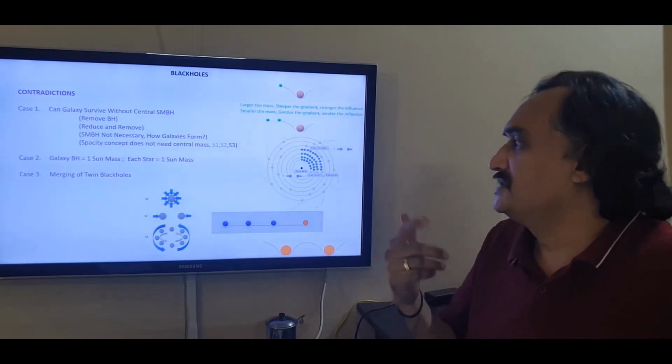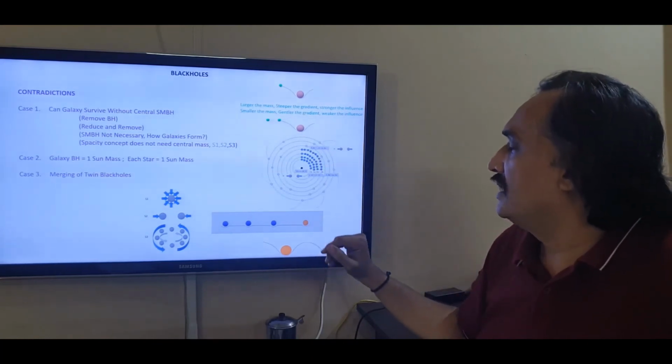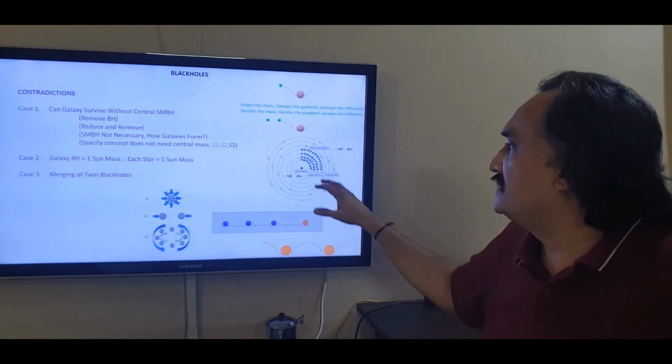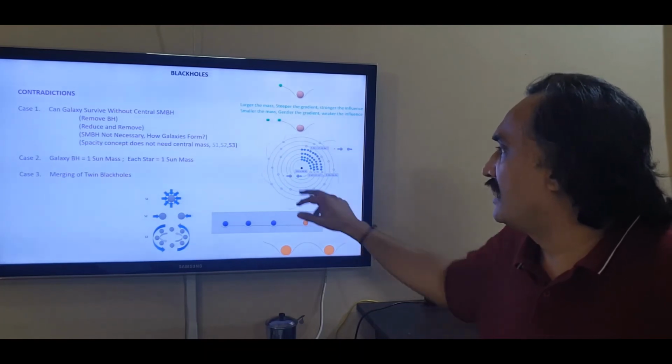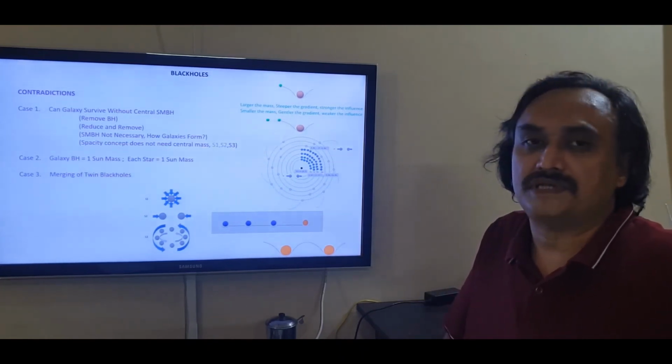The assumption we are making here is that you see all the constituents of this galaxy: the stars in the inner ring, the stars in the spiral arm, and the supermassive black hole at the center. Now, what happens?